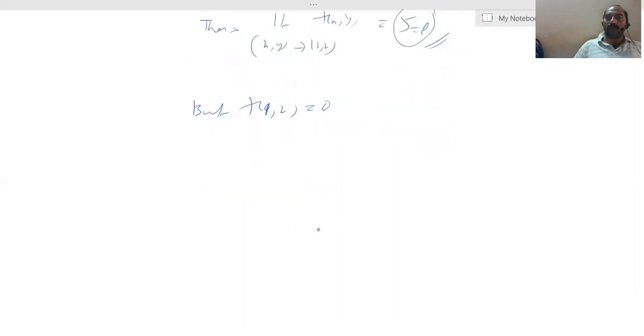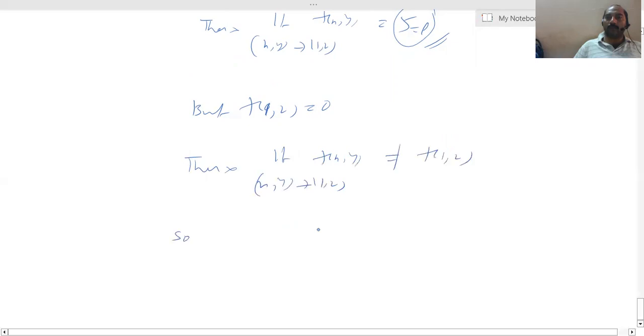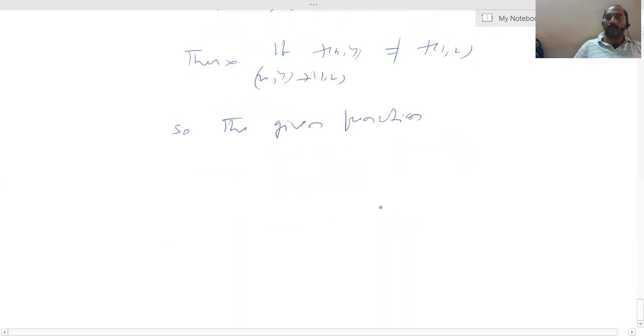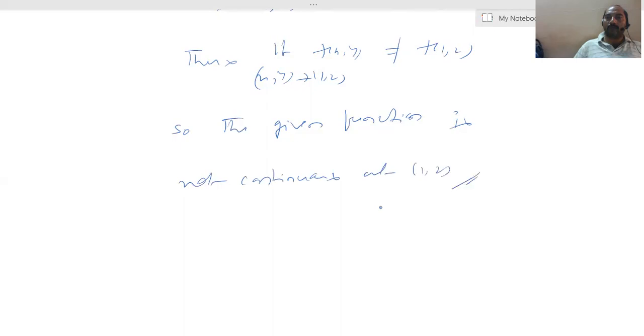The limit value 5 is different from the function value. So, the given function is not continuous at the point 1 comma 2. That's all. Not continuous means discontinuous.